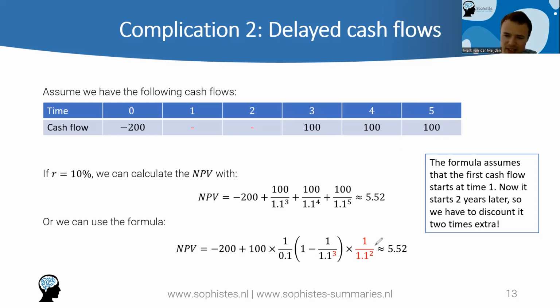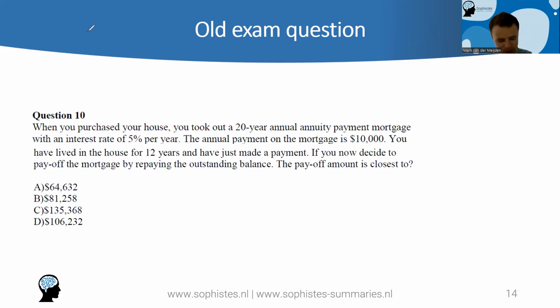And since you have a delay of 2 years, you have to discount it by 1.1 with the power of 2. So everybody understands this correction in the summary? What you have to do if your delay is 2 years? Okay. So here are some exam questions. And after those exam questions, we have a small break.